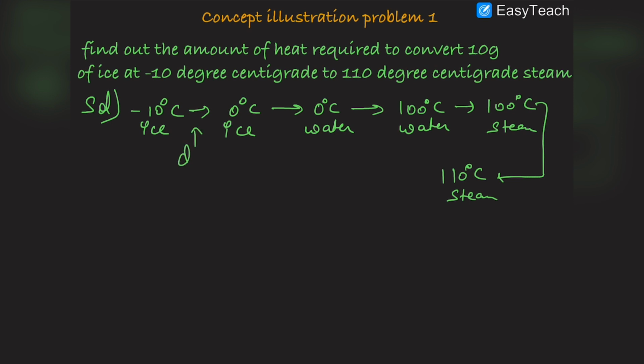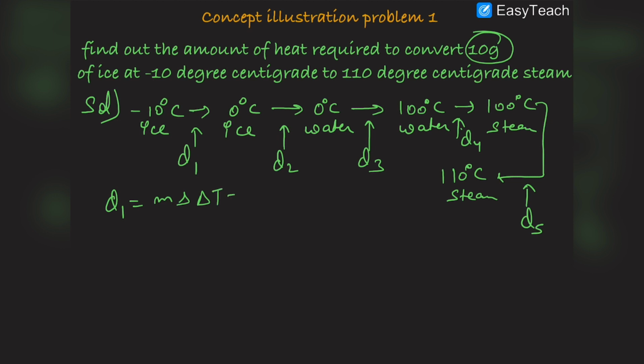So there are total 5 conversions. Let us suppose that heat required in the first conversion is Q1, in the second one it is Q2, in the third one it is Q3, in the fourth one it is Q4, and in the fifth one it is Q5. So Q1 will be equal to, you can see that in the conversion of ice at minus 10 degrees Celsius to 0 degrees Celsius, temperature is changing, and when temperature changes, the heat exchanged is ms delta T. M is 10 grams, so Q1 would be ms delta T. M is 10.